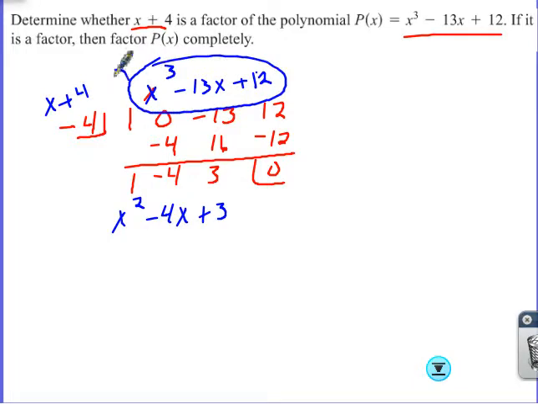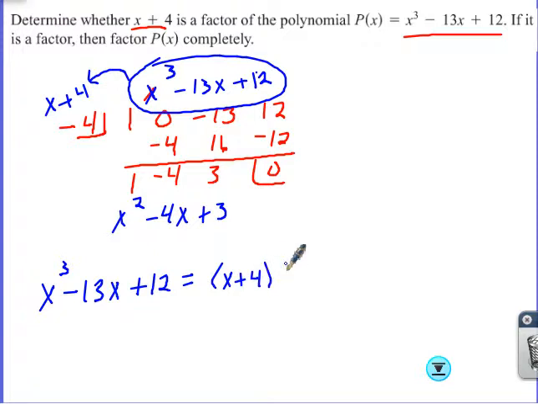Since this divided by this is equal to this, I can rewrite x to the third minus 13x plus 12 the same way that since 8 divided by 4 was 2, I could rewrite that as 2 times 4 is 8. I can now rewrite this as x plus 4 times x squared minus 4x plus 3.